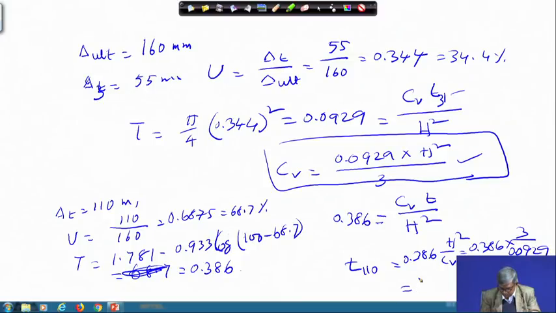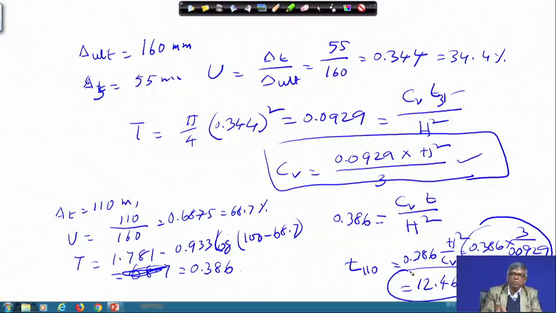This gives you the answer, and converted to years it will be 12.46 years. So, this is the way.